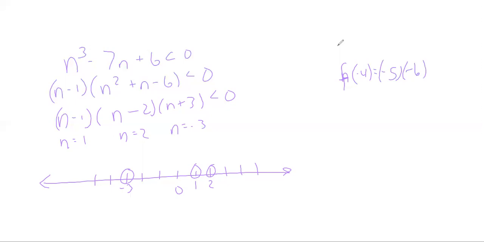And -4 plus 3 is -1. That is all going to be negative times the negative is a positive times the negative. That's less than 0.